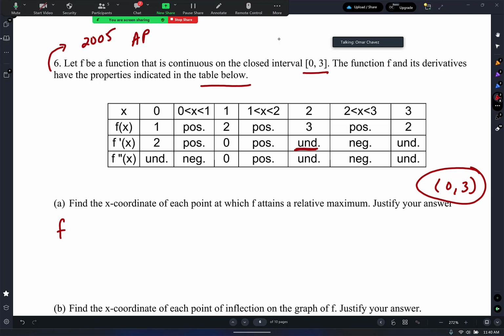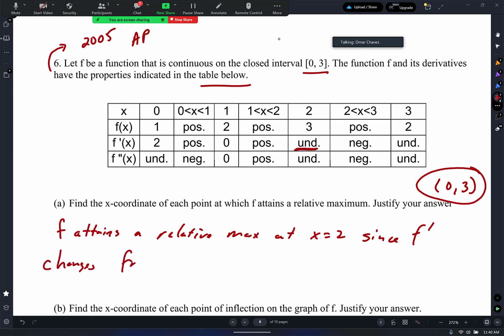It doesn't matter. f attains a relative max at x equals 2 since f prime changes from positive to negative at x equals 2. Full credit.